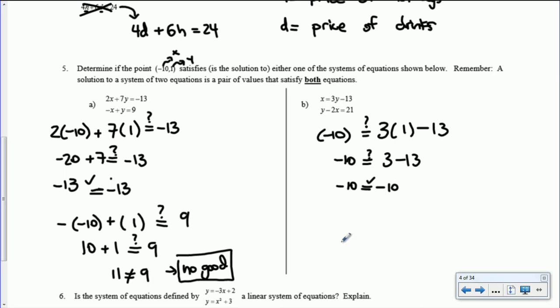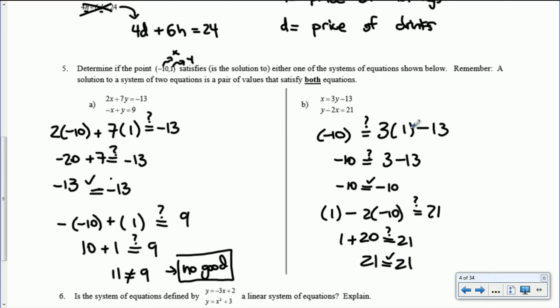Now let's check the second one. So 1 goes in for y, -10 goes in for x. We need to check that that equals 21. So this will be 1 plus 20, right? So -2 times -10, or if you prefer, 2 times -10 is -20. So if we're subtracting -20, it's the same as adding 20. Okay, 20 plus 1 is obviously 21.